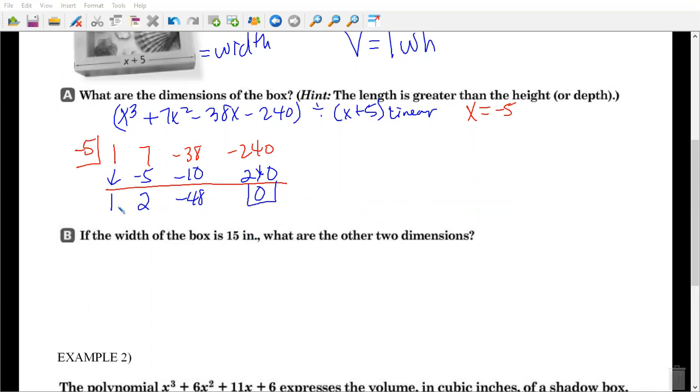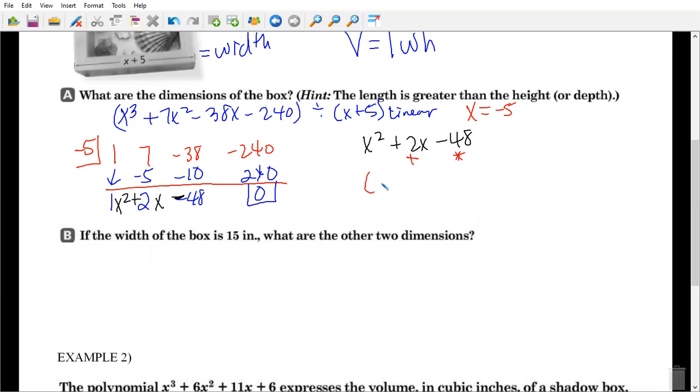So I know that my quotient is 1x squared plus 2x minus 48. So I'm going to factor that to find my length and my height. So we have x squared plus 2x minus 48. So I'm asking myself, what multiplies to give me -48, but adds to give me 2?